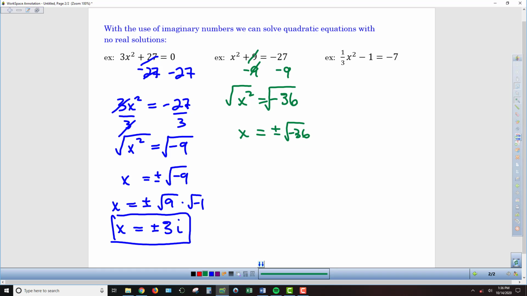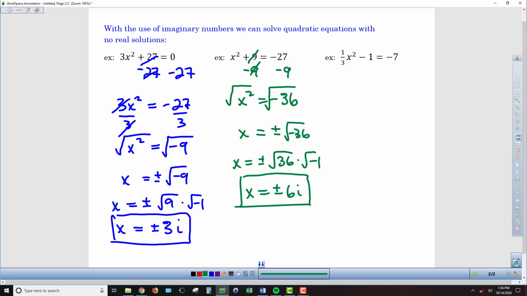So I have to separate the root -1, so I've got x equals plus or minus root 36 times root -1, and then very similar to the last one, the square root of 36 is 6, and then the root -1 gets rewritten as just i. So plus or minus 6i.